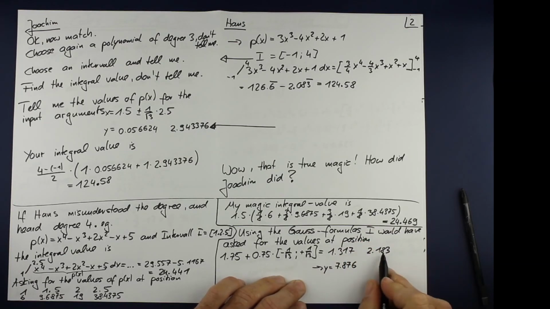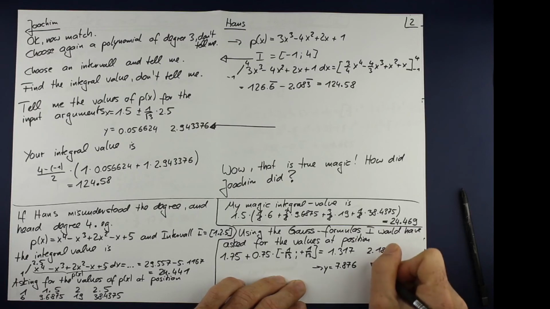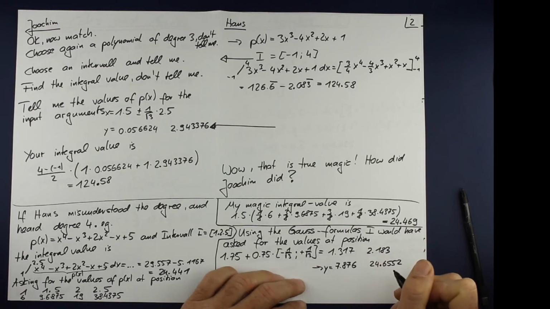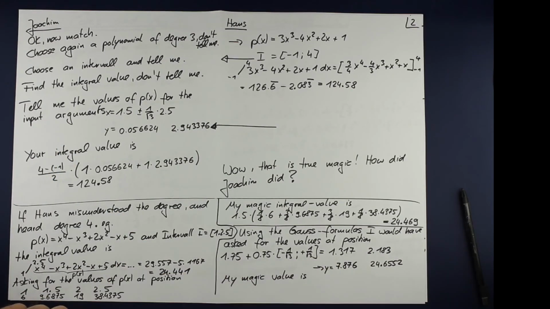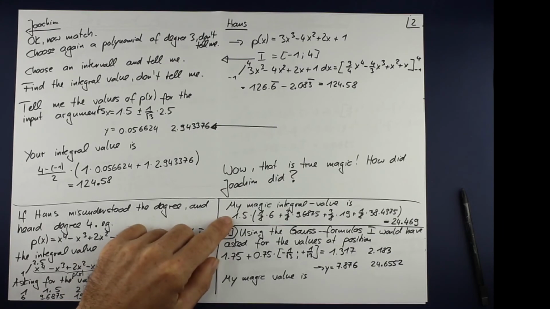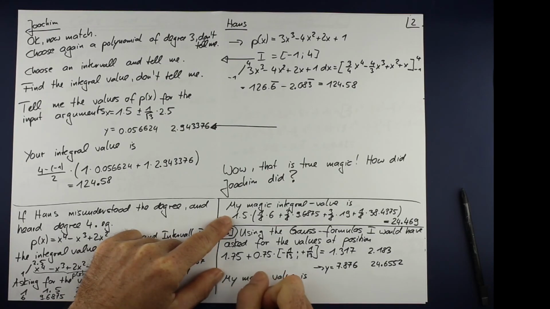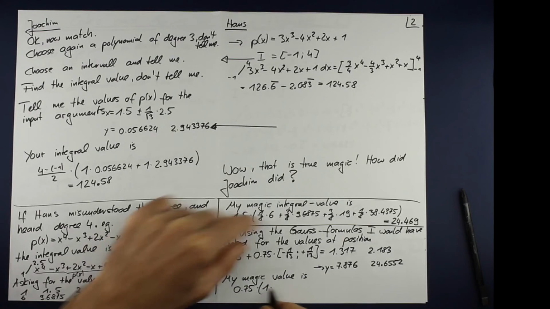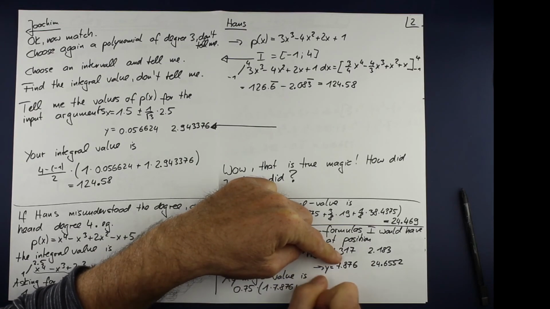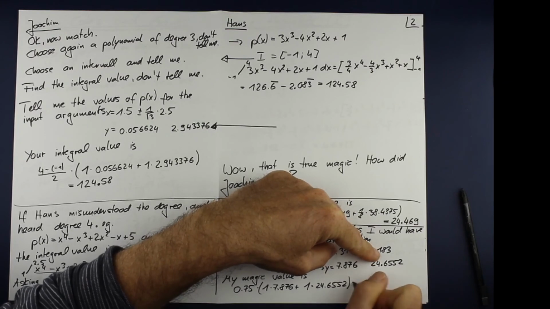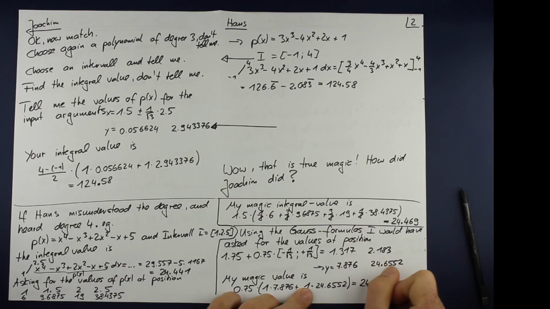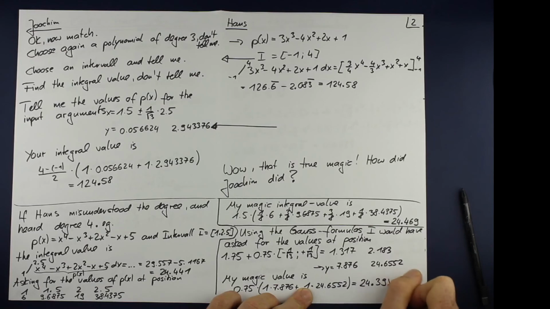7.876, and the function value here for that input argument is 24.6552. And then what would I do? I would do the following calculation: half the interval length times 1, weight is 1, times that function value, plus weight 1 times second function value, and then I will give the answer 24.398.